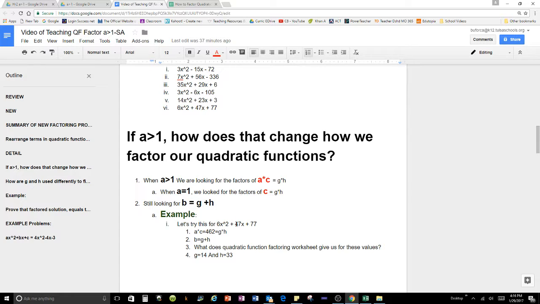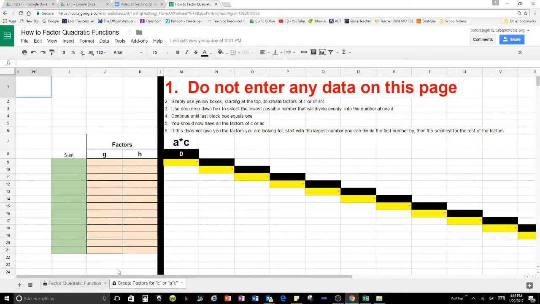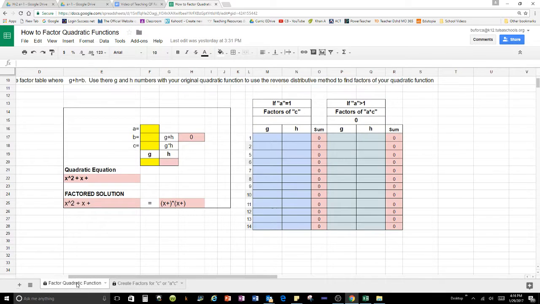Again, a is 6, b is 47, and c is 77. So we go to our quadratic function spreadsheet, and we want to be in the first tab that says factor quadratic function. If you have any numbers in here, make sure they're deleted. So you touch it, delete, touch, delete, touch, delete, touch, delete.